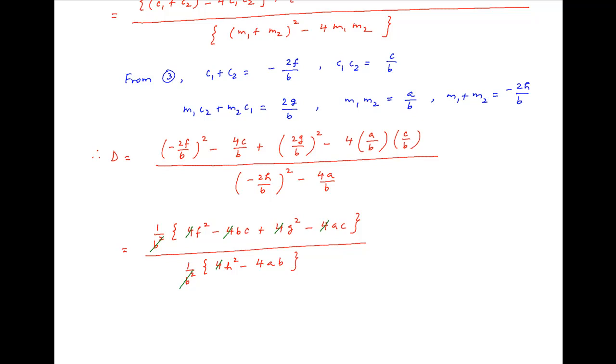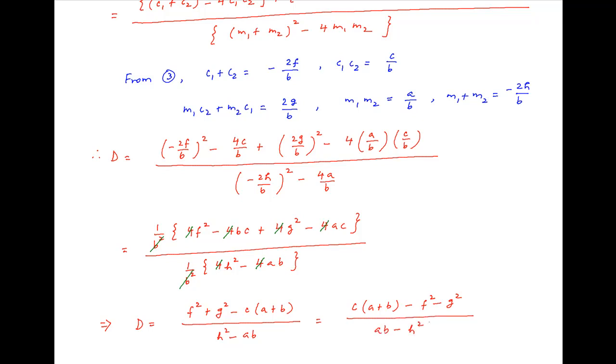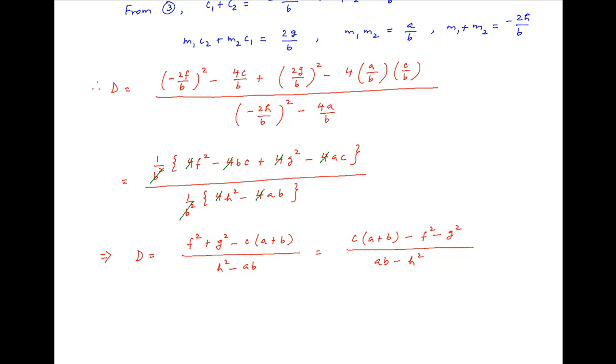Also, 4 cancels across the numerator and the denominator. And therefore, d is equal to (f² + g² - c(a + b)) divided by (h² - ab). Multiplying the numerator and denominator by -1, this is equal to (c(a + b) - f² - g²) divided by (ab - h²). And this is the required result.